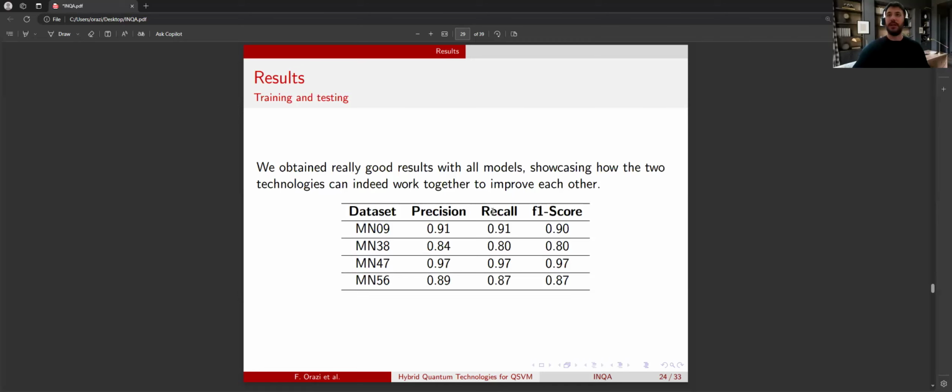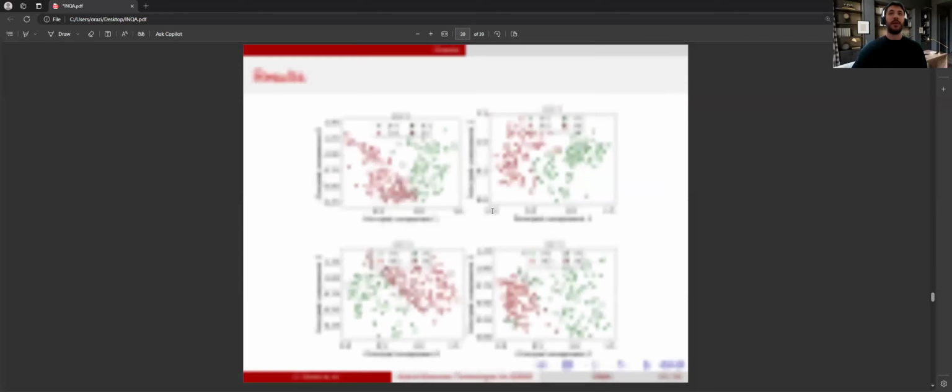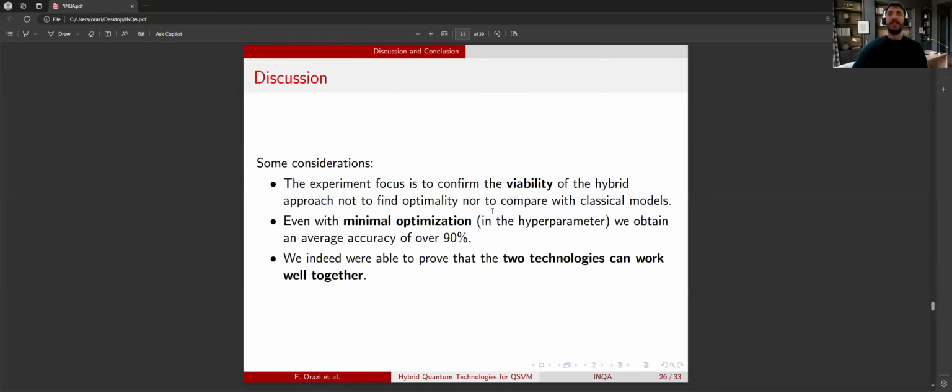The actual results were very impressive because we obtained precision, recall, and F1 score multiple times over 0.9, except for one dataset. And okay, for some consideration, the experiment focused not on quantum advantage or comparison with classical models, but on the viability of the methodology.